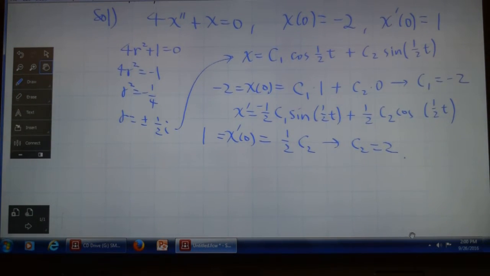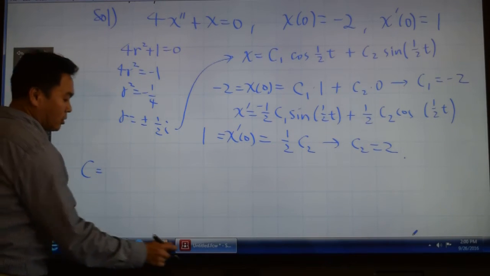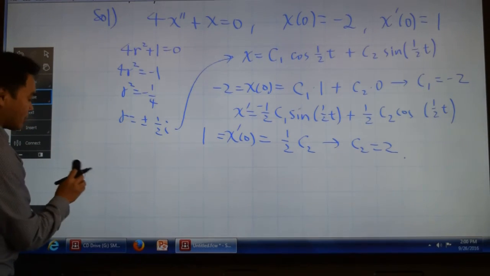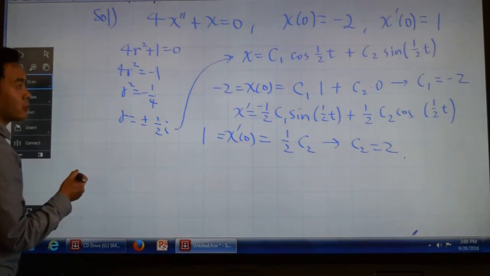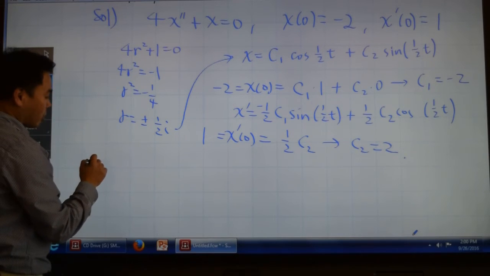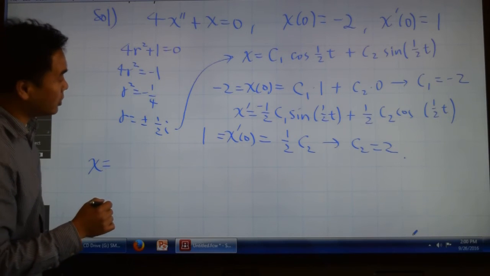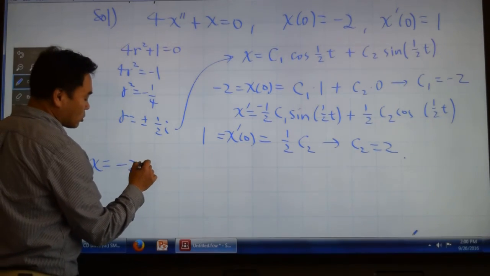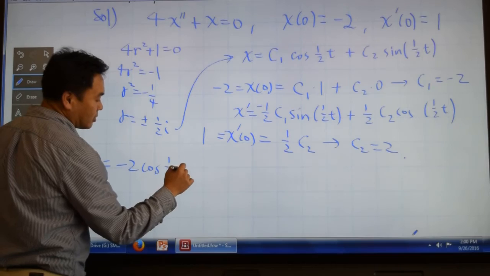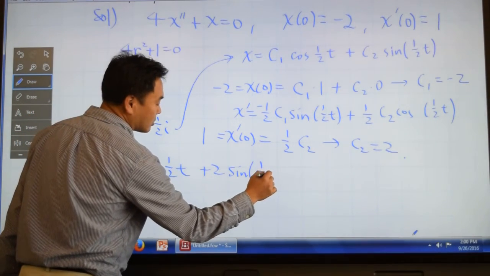Okay, using all this, what's my value of C? First let's write down the solution, and then apply the formula for changing it to a single function. All that calculation says is that x is equal to negative 2 cosine 1/2 t plus 2 sine 1/2 t.